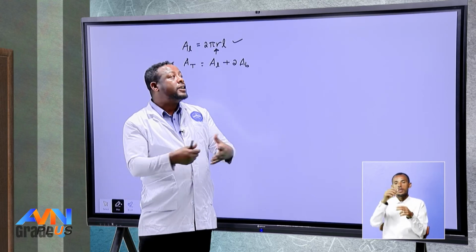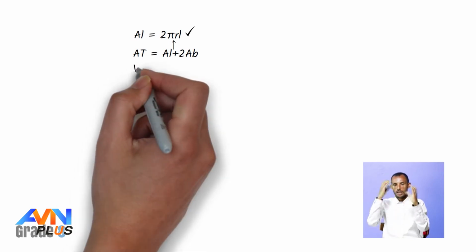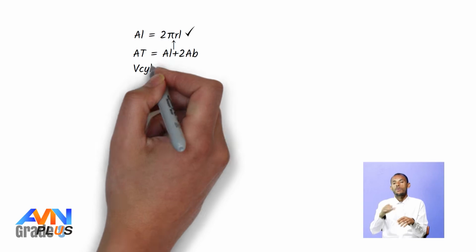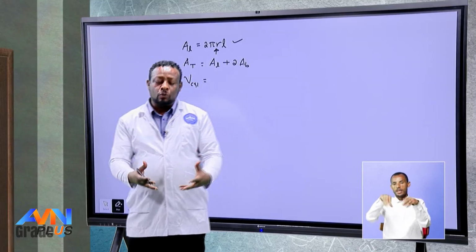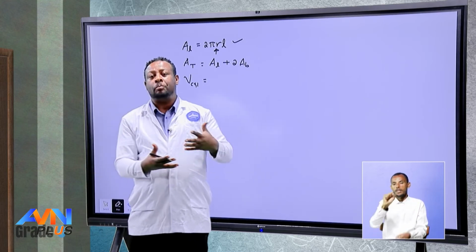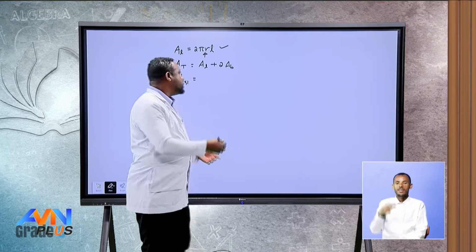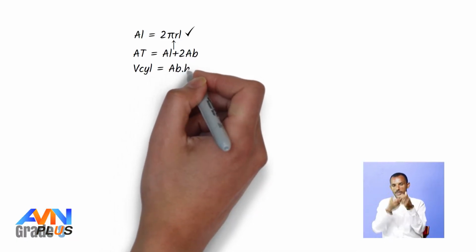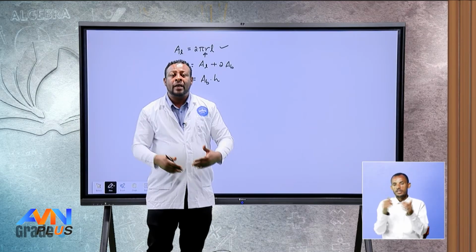The third formula that we've seen in the previous lesson was about the volume of a cylinder. The volume of a cylinder is given by the product of the area of the base times the height.